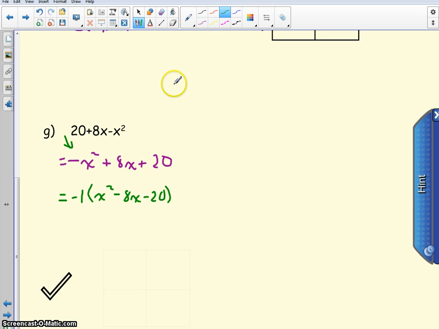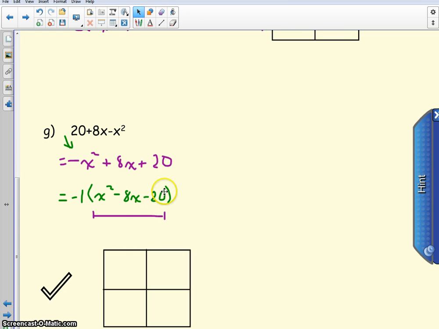Again, what that does is make this a lot easier to work with, because you don't have a negative as a leading term. So if you're looking at this, it's a simple trinomial now. You're looking at two numbers that multiply to negative 20 and add to negative 8. Or if you want to use an array, we're going to have x and x here.